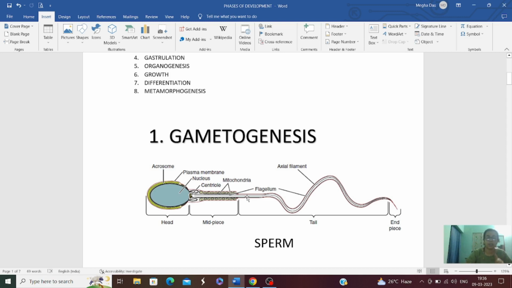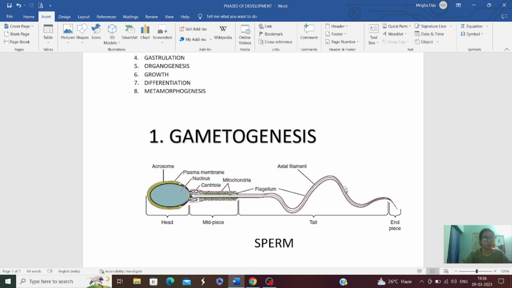Each part has its own role. The head and the middle piece are responsible for entering the egg, and the tail region is responsible for motility, so that it can swim across the female genital tract and fuse with the egg. So each part has its own role.